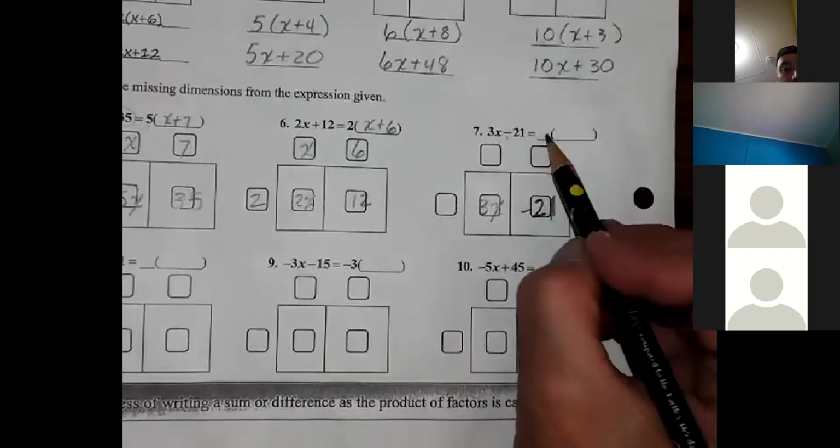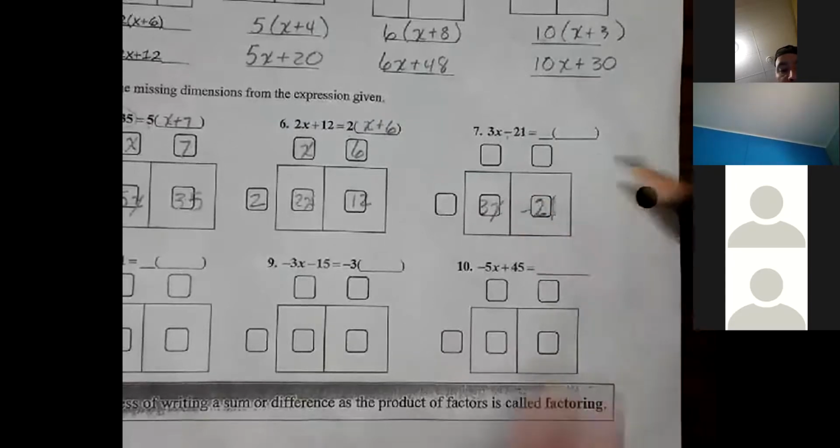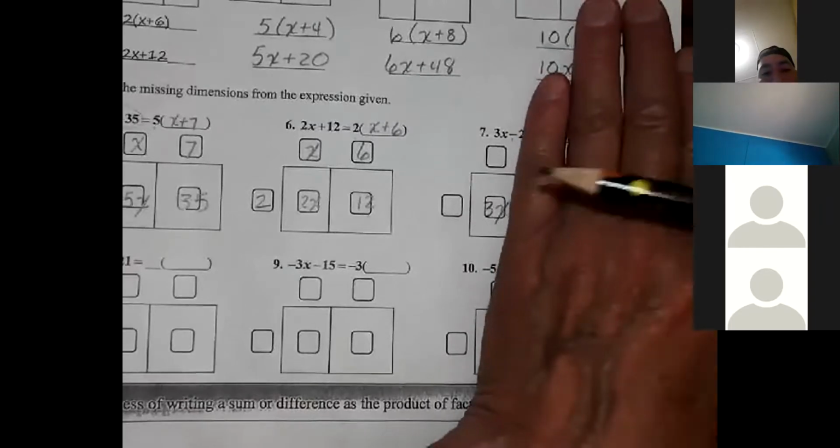Oh, and it didn't give me, oh no. So here's one where this part of it would work out perfectly if I put the 3 here and the x here. And it would also work out perfectly if I put the 3 here and the x here. So I have to think. And I'm going to do this first.